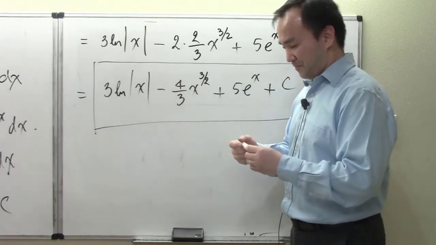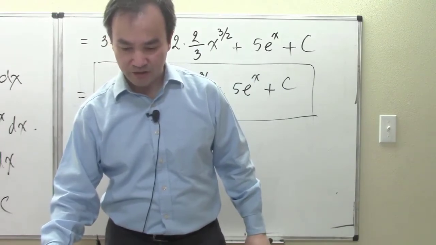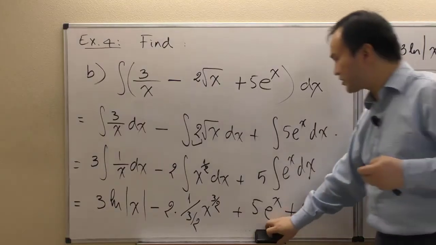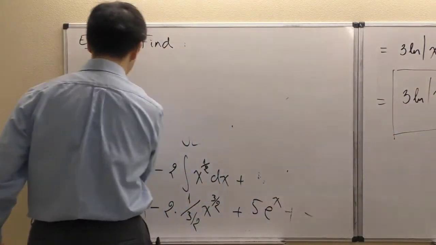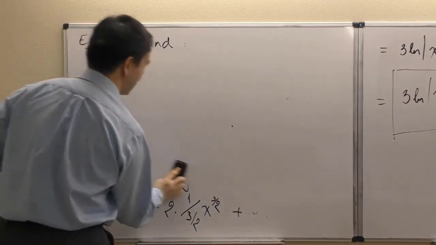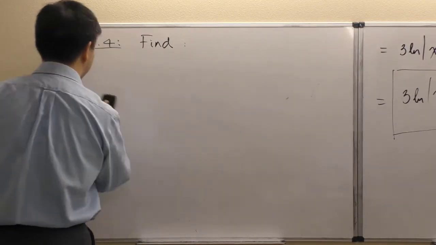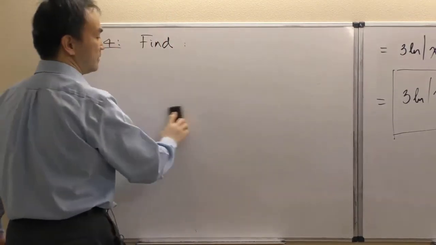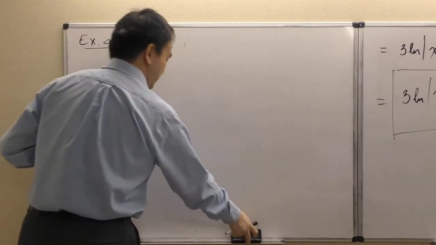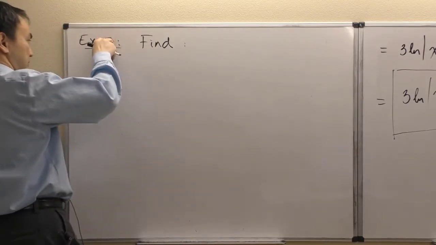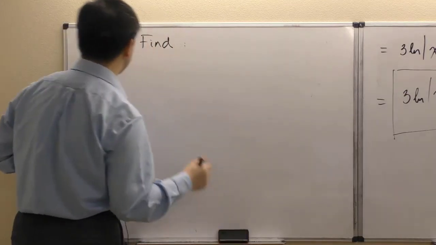All right, so let me show another example. I mean another problem in this particular example here. So I'm going to switch to the other board. All right, so actually I should call that a different class of problems here.